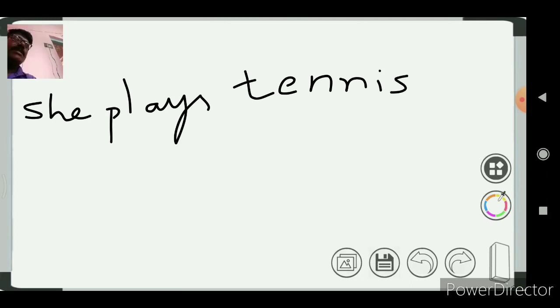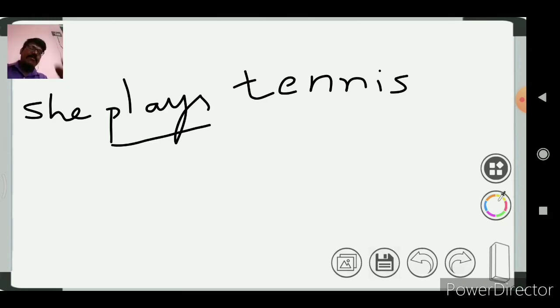She plays tennis. So students, here what is the verb? Yes, exactly, plays. Plays is the verb. Now, is it the main verb or the auxiliary verb? Yes, it is the main verb.